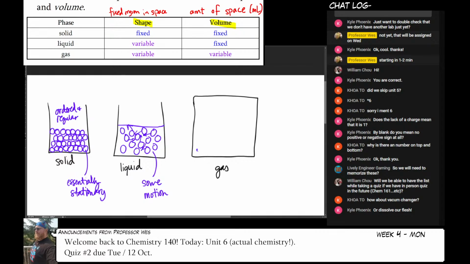Now, in a gas, the molecules are actually very far apart from each other. And they all move in independent directions. But because they are moving so quickly, they don't really have the ability to collect towards each other.